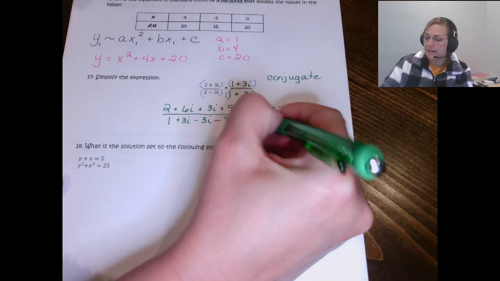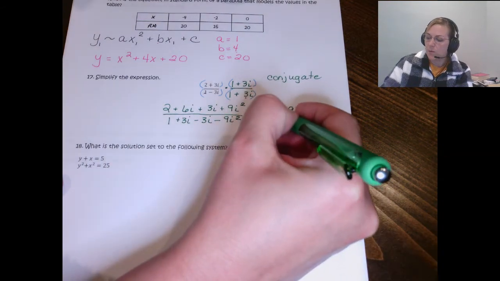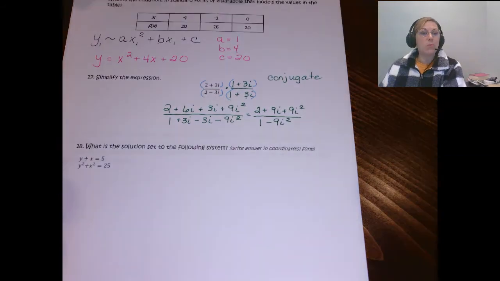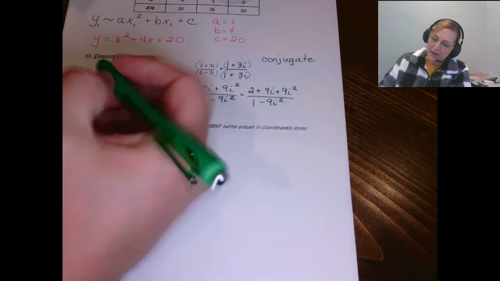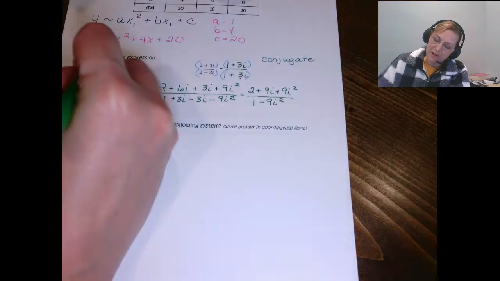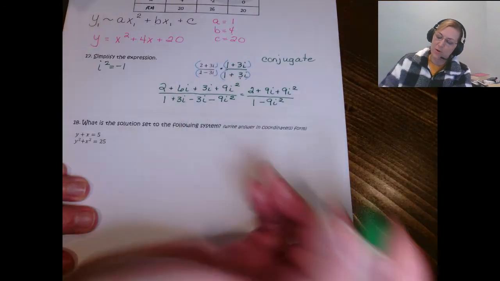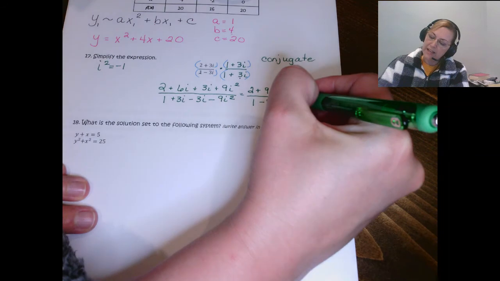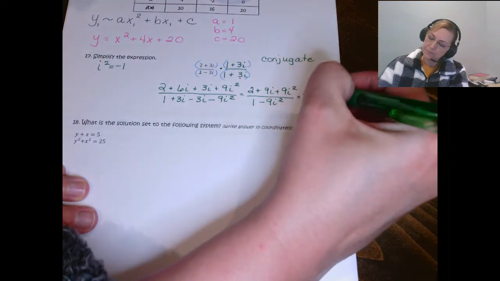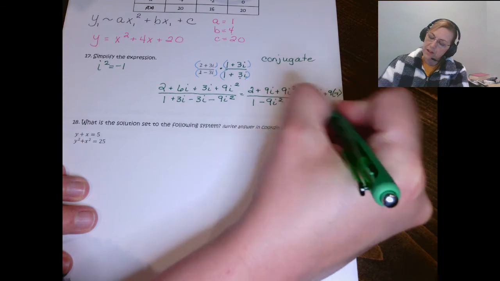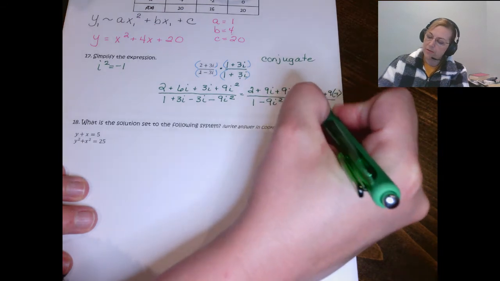Then I've got minus 9i squared. Okay, now it's time to use that i squared. We know i squared equals -1, we're just going to put ourselves a little note here. So let's make that substitution for i squared is -1.